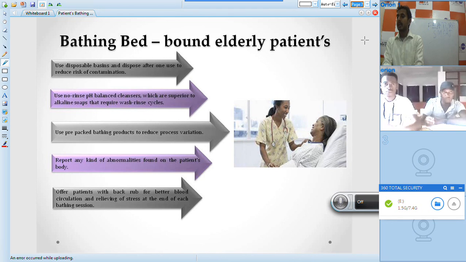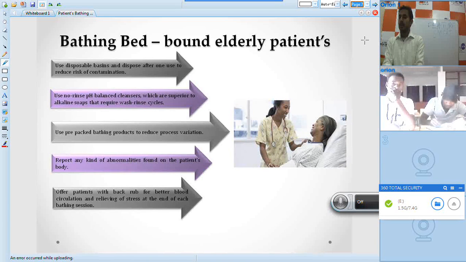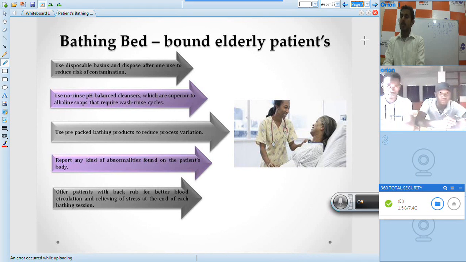While giving the bed bath to the elderly patient, use the disposable basin, and ensure that the basin is not used again for bathing another person.